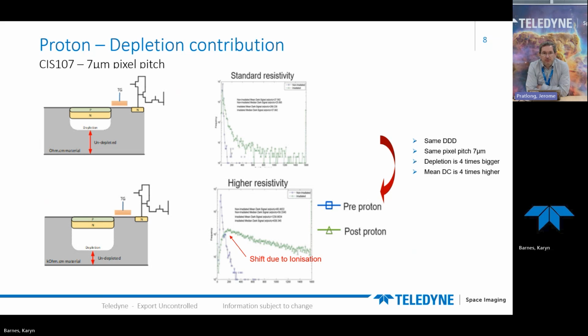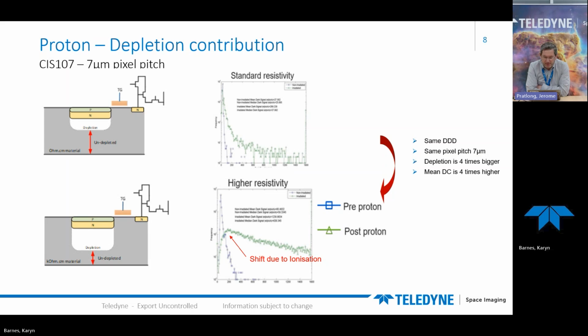One had a standard resistivity material, which does not enable a large volume of depletion. And the same device processed on a high resistivity material where the depletion volume is much greater.